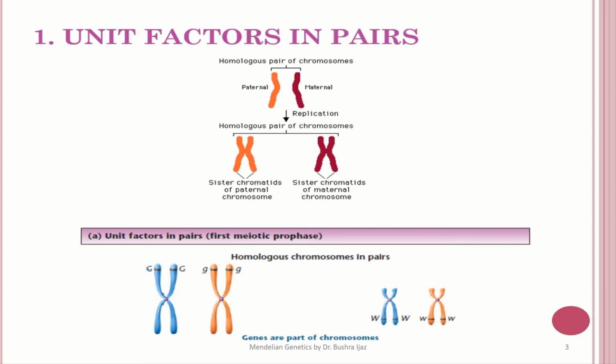Similarly, this capital G and small g, they have duplicated. Like I have already told you, paternal and maternal chromosomes have to duplicate during first meiotic prophase. And now the sister chromatids are going to detach from here and move apart for their independent assortment.